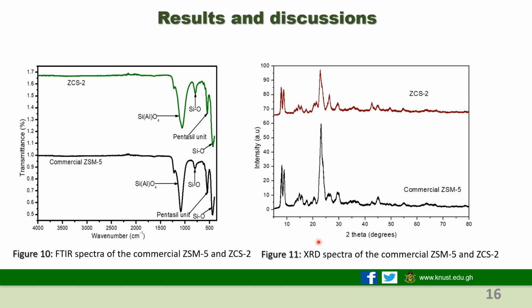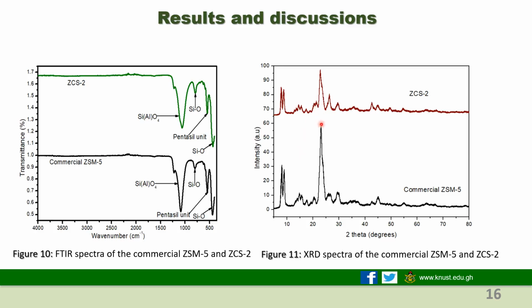XRD analysis was also done to confirm the presence of ZSM5 in the ZCS2 sample, and this spectrum was compared to that of the commercial ZSM5. The characteristic diffraction pattern at 8 to 9 degrees is present in ZCS2 as it is observed in the commercial zeolite.